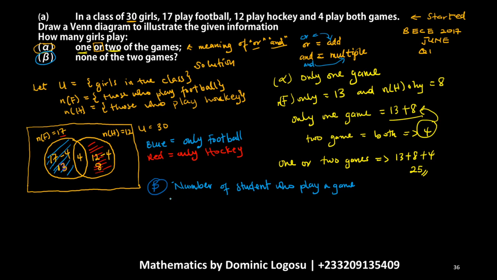And that will be, we have the only people, the both people, and then the only people for this side. So it becomes 13 plus 4 plus 8. This represents the number of students who play the game. Now we have to subtract that from the total.